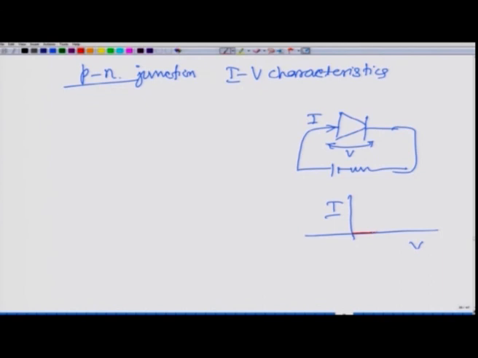So, the current was very small, and after some threshold it increased quite rapidly. On the reverse side, you had a very small current, and we said you change the scale so that it is at least visible. So, this is the IV characteristic.